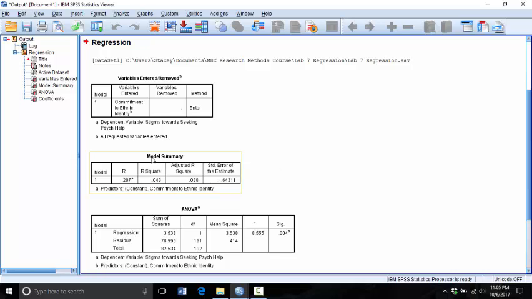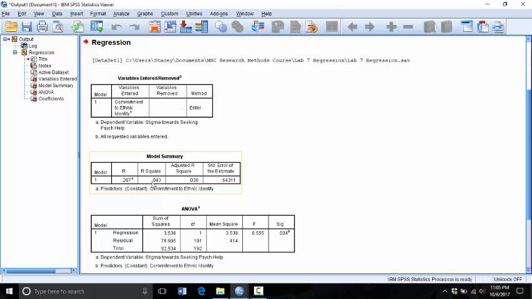The second table is your model summary. You can look at the R-squared value, and that will tell you how much of the variance in your outcome variable your predictor is able to explain.